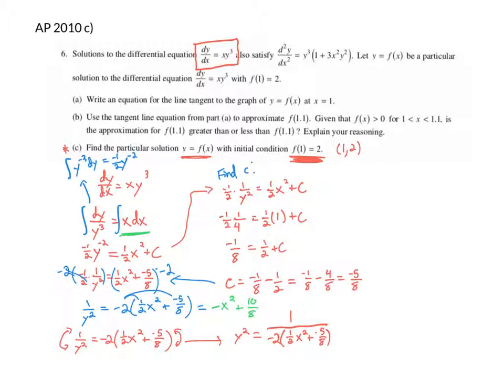Notice how I'm putting the whole right-hand side underneath 1 right here. And then to solve for y from here, all we're going to do is take the square root of both sides. So I would have y equals the square root of 1 over negative 2 times 1/2 x squared plus negative 5/8.